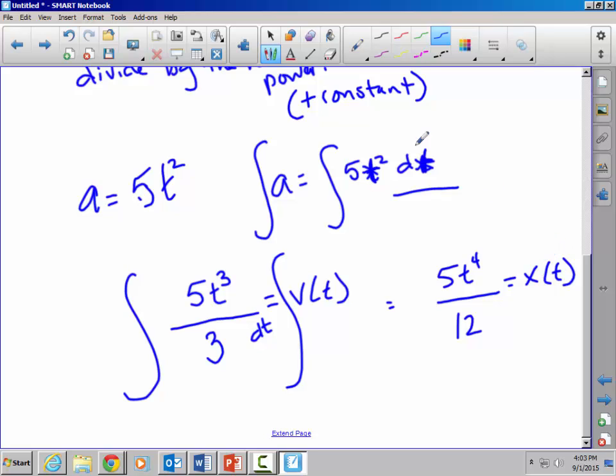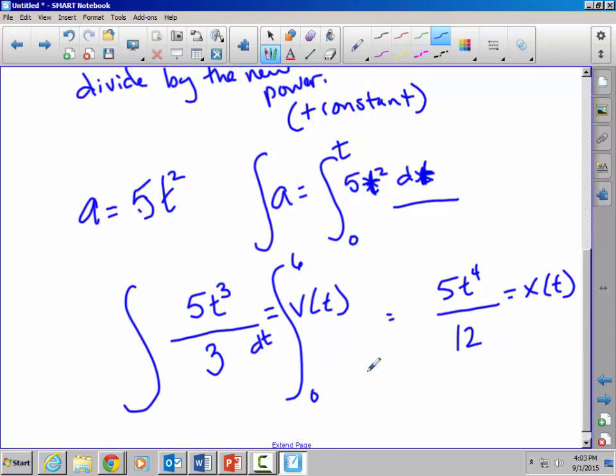So the next thing we can do here is talk about limits on your integrals. A lot of times you will see numbers written here, like 0 to t, or 0 to 6. Basically, they're telling you over what area of your curve or graph you're looking to integrate.